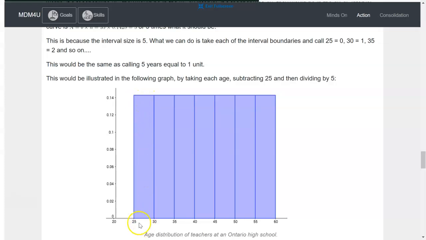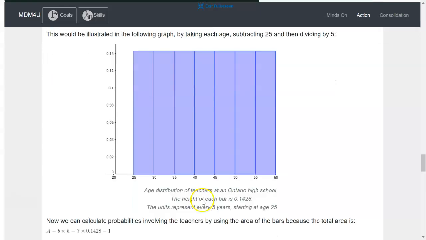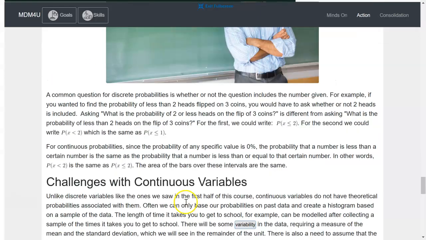This is 14% of the area, this is 14% of the area, this is 14% of the area, right? So when you figure out the probability of something happening, it's the area under the curve or under the bar. If I was to shade in these 3 bars and somehow measure their area, it would be 14%, 14%, 14%, 42% of the shaded area. So that matters as we move forward.